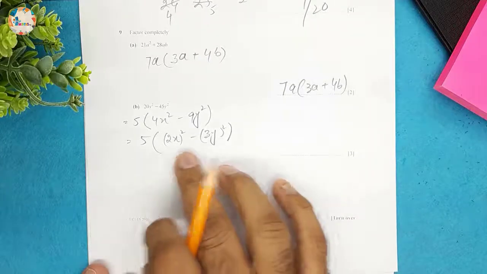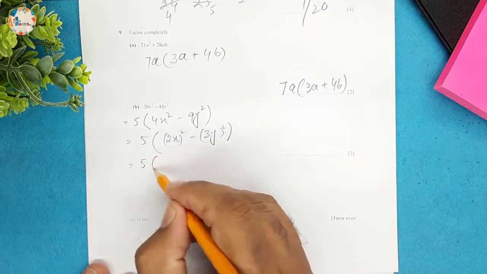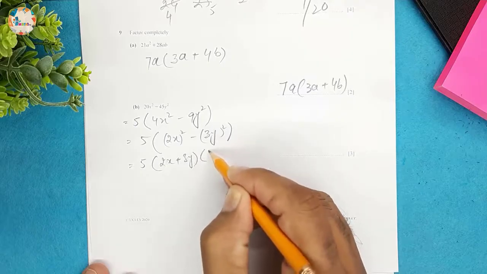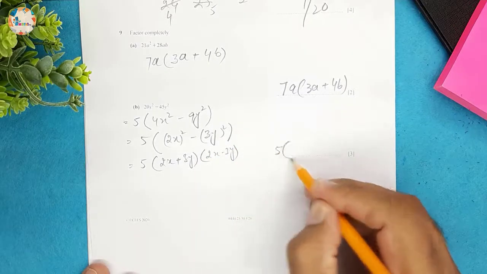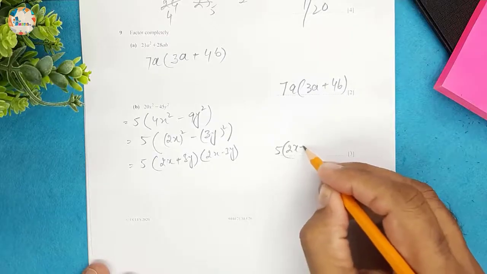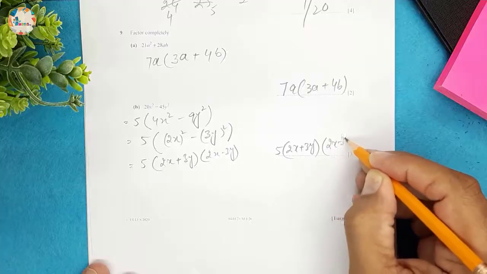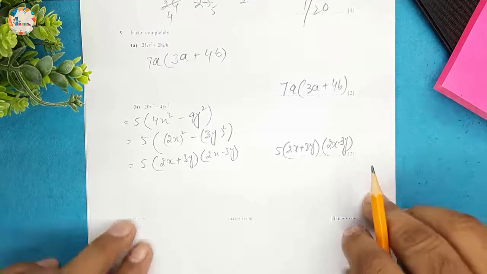This will be a squared minus b squared, which is equal to a plus b into a minus b, so we can write this one 5 into 2x plus 3y and 2x minus 3y, so our answer will be over here, 2x plus 3y and 2x minus 3y. This will be our final answer for this part.